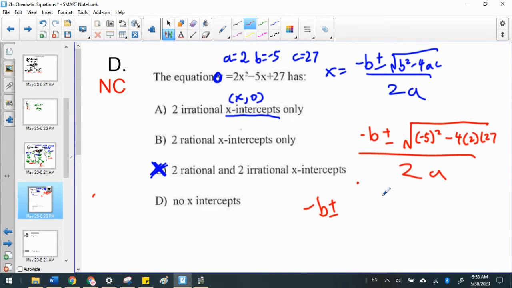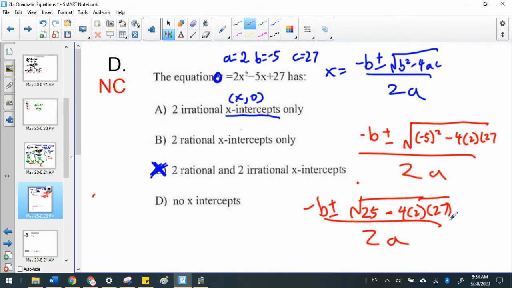negative b plus or minus square root of 25 minus 4 times 2 times 27 over 2a. And right off the bat, you notice that the 25 minus 4 times 2 times 27 is going to end up being a negative value.